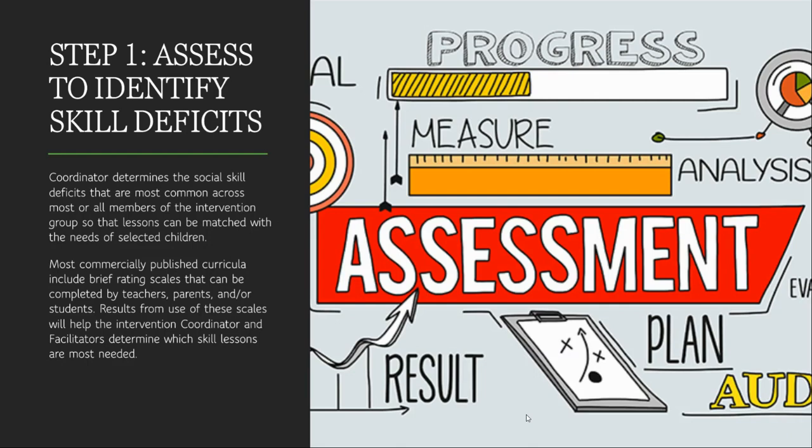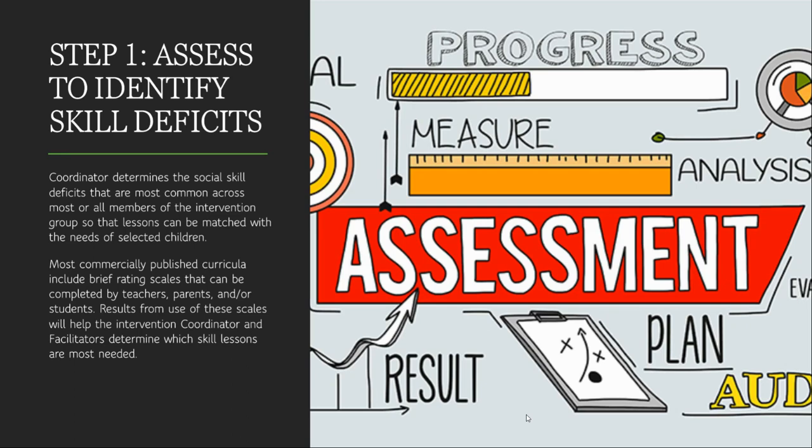So the first step, as we said, is to assess, to identify skill deficits. The coordinator is the tier 2 team. Again, before implementing this, they have already come up with a process of identifying what those social skills deficits are.